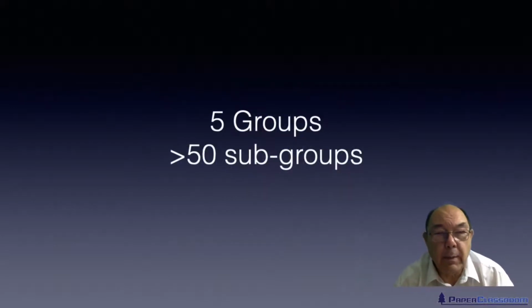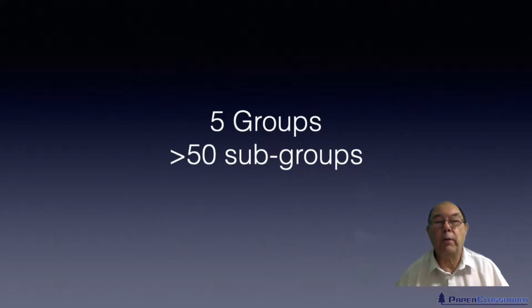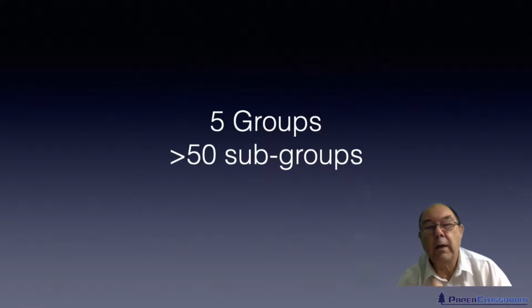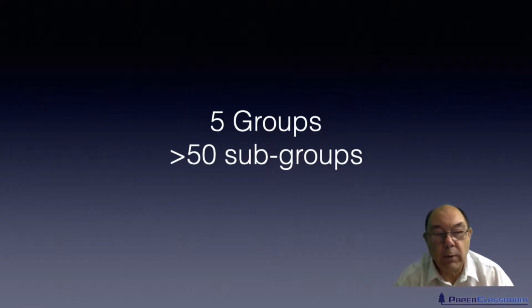Just to give a little introduction to recycled fibre, there are 5 major groups of recycled fibre, and each of those groups can be divided into 10 or more subgroups. So there are over 50 different grades of recycled fibre, more than 50 ways of categorising what type of recycled fibre you want.